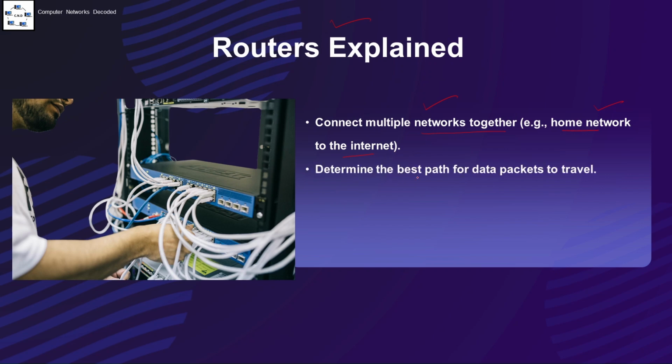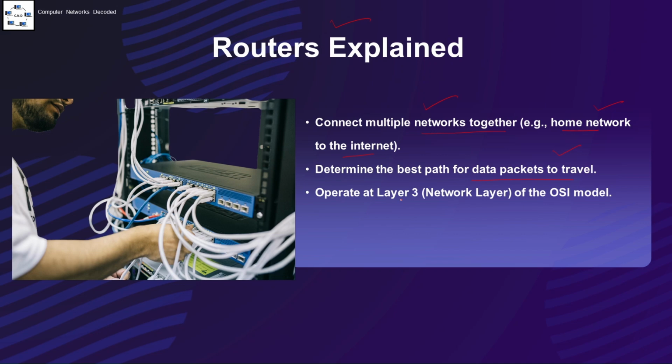A router also determines the best path for data packets to travel. There may be multiple paths from your device to the destination, but the router selects the best and optimal path for the data packets to travel.